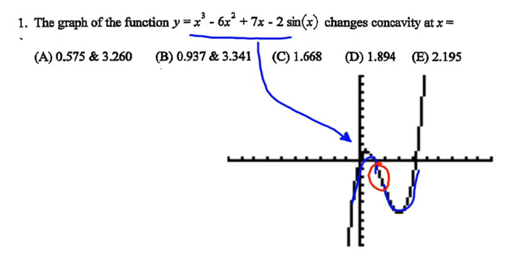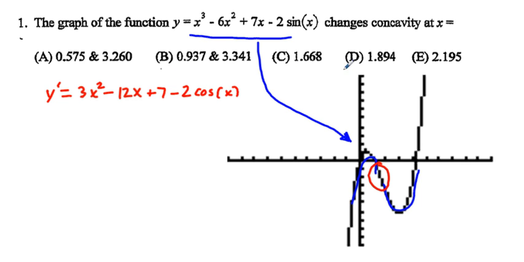The first thing we're going to do is take the first derivative of this. So y prime is equal to 3x squared minus 12x plus 7, and minus, well, we take the derivative of a sine, that does not change the sign, but we're going to have minus 2 cosine x.